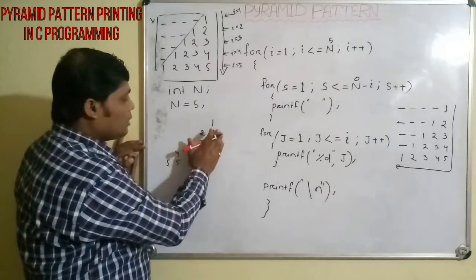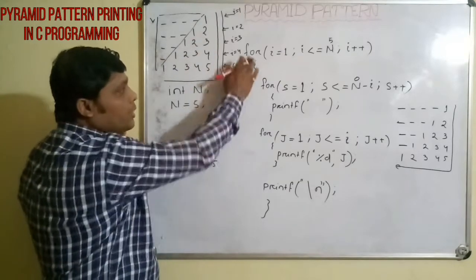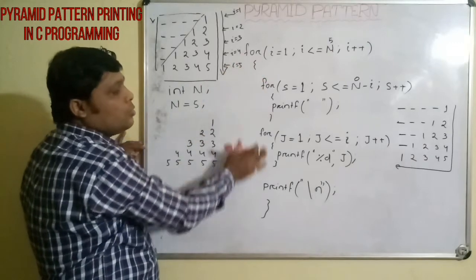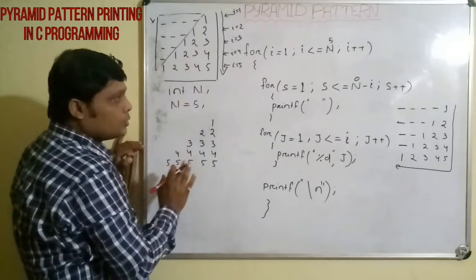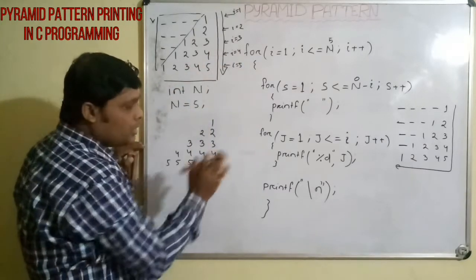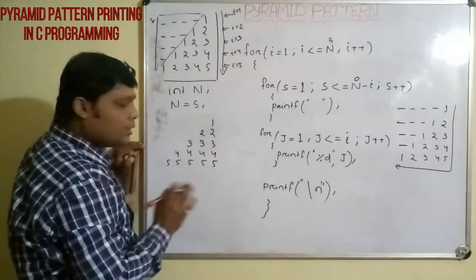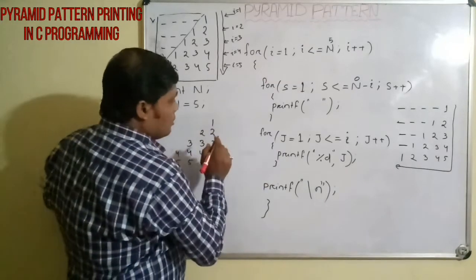Just see what will be the logic for this. The pattern is same, no need to change this loop, because the number of spaces is also the same. No changes in space loop, no changes in j loop, no changes in i loop. Only in the printing part we have to change. Clear?